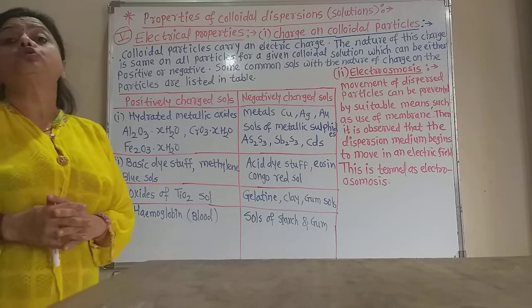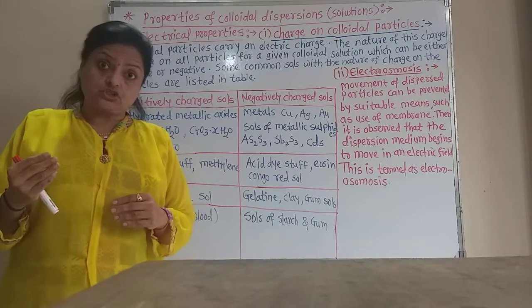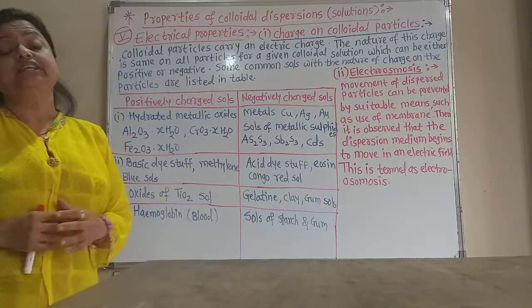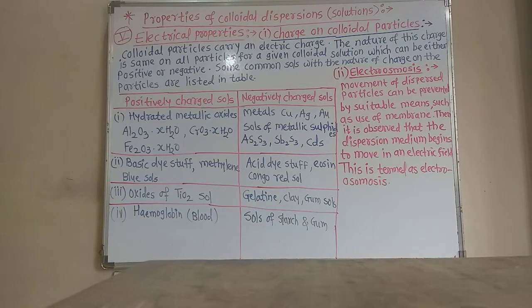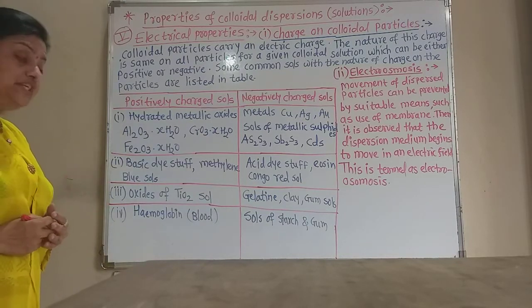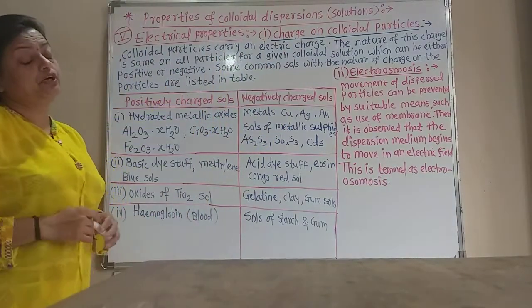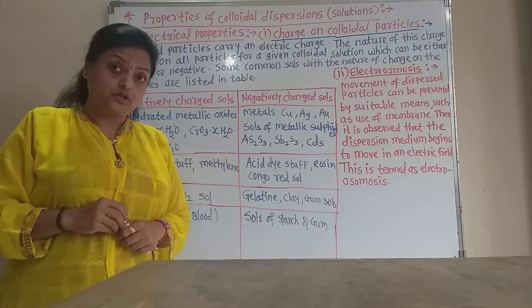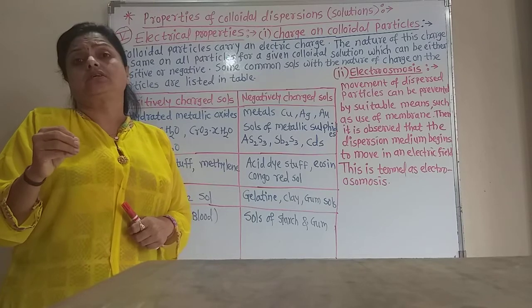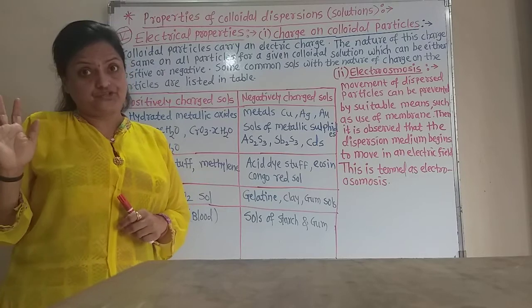There are two types of charges present on the colloidal particles or dispersed phase particles in colloidal dispersions. Colloidal particles carry an electric charge. The nature of this charge is the same on all the particles of a given colloidal solution. Suppose there is a given colloidal solution; all the particles in that solution always have the same charge.